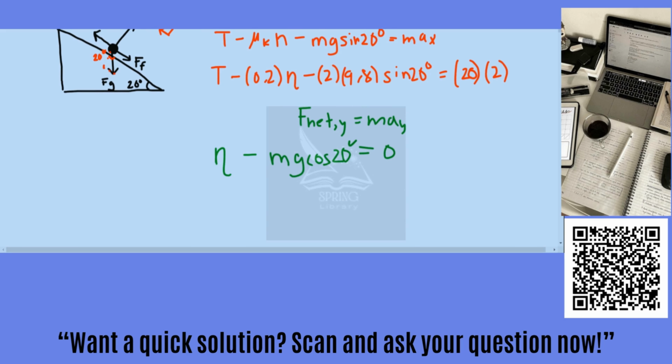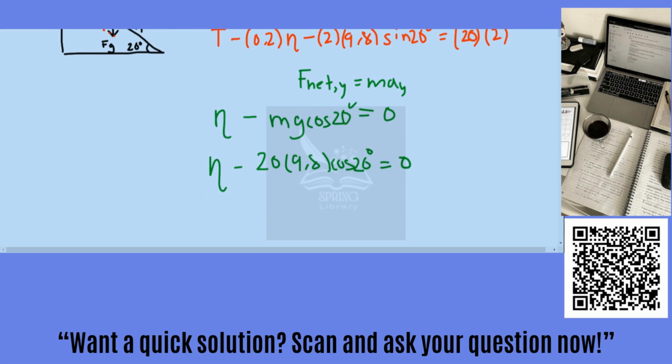And so we can sub the numbers in. We get 29.8 cos 20. So now we have the two equations that were given in the problem. Our problem that we've written clearly matches these equations, and all we need to do is solve this for the tension force, which is the pulling force.